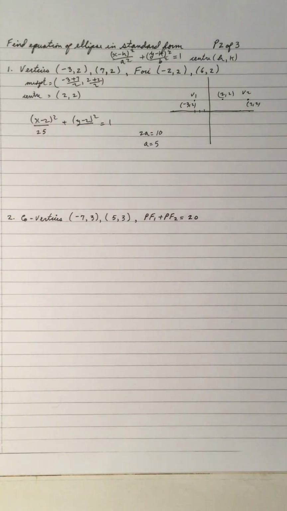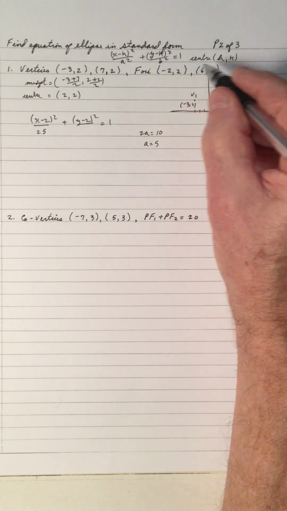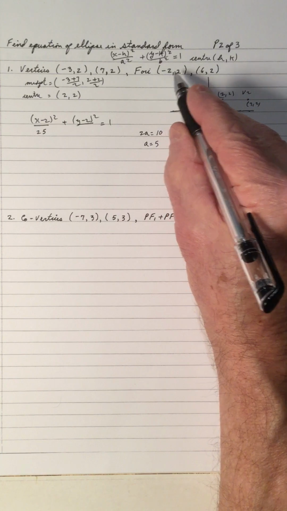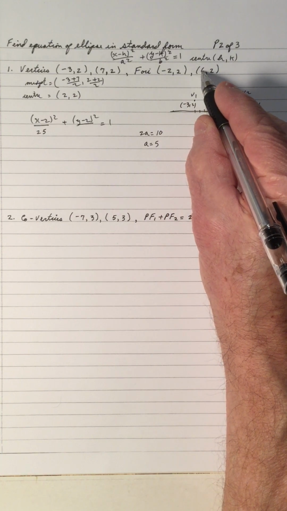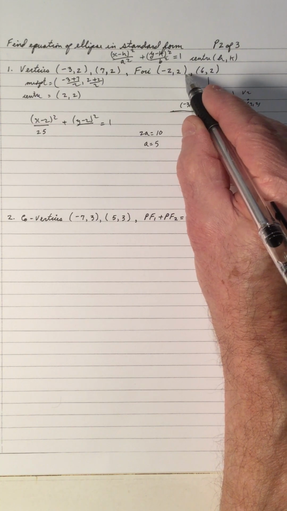So now we need the b. We have the foci, so the midpoint of the foci would be the same, 2, 2. If we take negative 2 and 6 and add them up, we get 4 divided by 2 is 2. 2 plus 2 is 4 divided by 2 is 2.